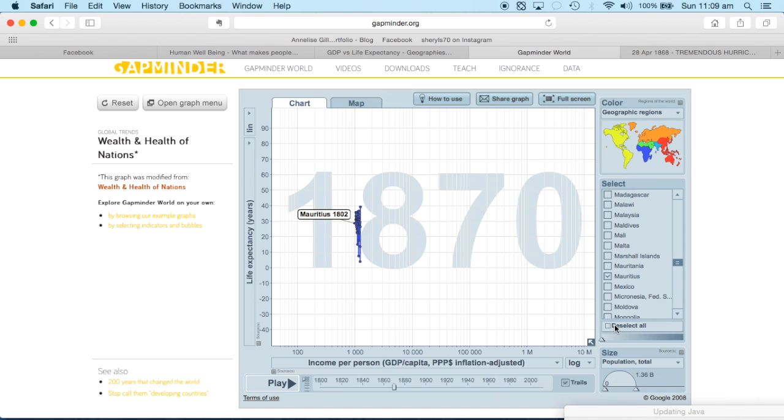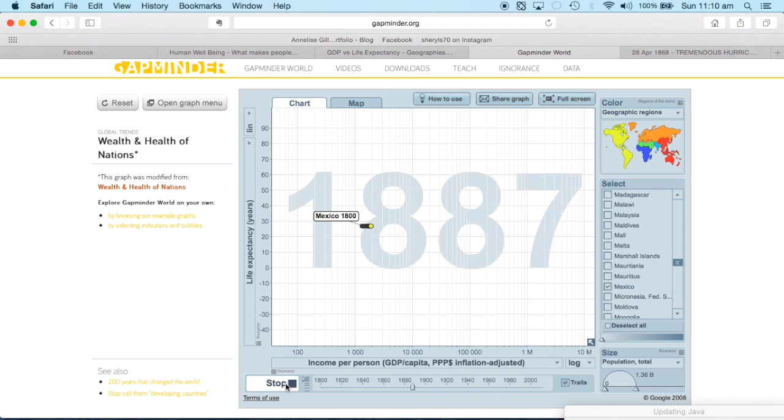So just out of interest, to give you some more ideas, let's have a look at Mexico and follow that timeline. So once again, we've got to wait for the data to kick in. So it looks like right in the 1850s, we actually started getting recordable data about Mexico.